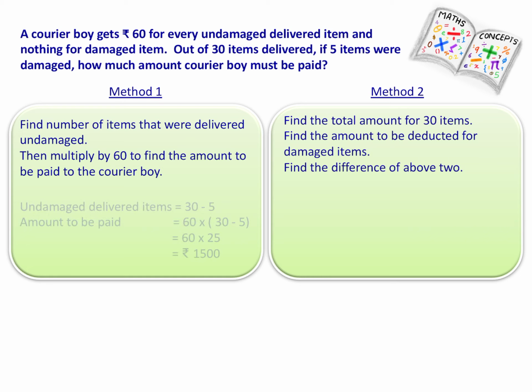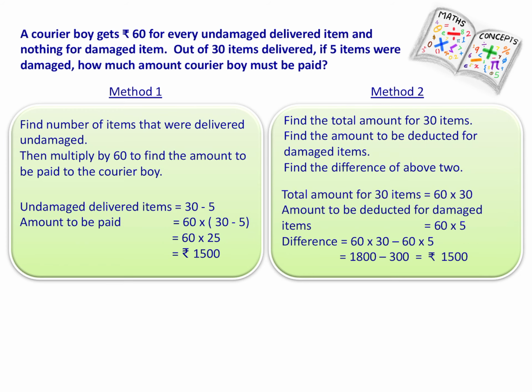So in the first case, undamaged delivered items are 30 minus 5, that is 25, and then 25 multiplied by 60 will give me 1500. In the second case, the total amount for 30 items would have been 60 into 30, that is 1800, and the amount to be deducted for damaged items would be 60 into 5, that is 300. So 1800 minus 300 will give me 1500, the same amount, right?